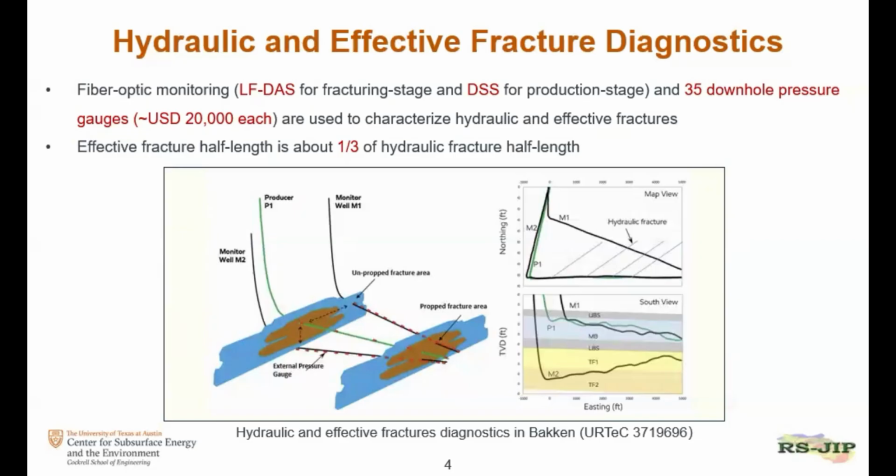And if you put more than 30, you can imagine the investment here is big. However, a lot of operators are still trying to better understand the fracture geometry. And they found out that the effective fracture half length is about 30% to 50% of the total wetted fracture half length.